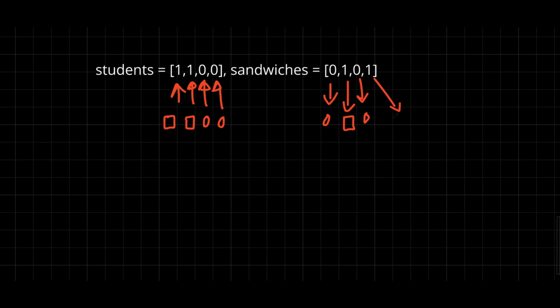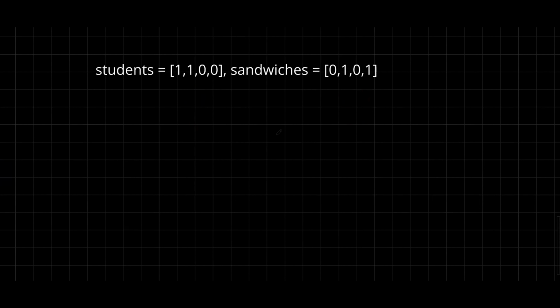Now, let's try to understand, according to the problem definition, how many students are unable to eat the sandwiches. So here, the sandwiches are 0, 1, 0, 1 and the students are 1, 1, 0, 0.